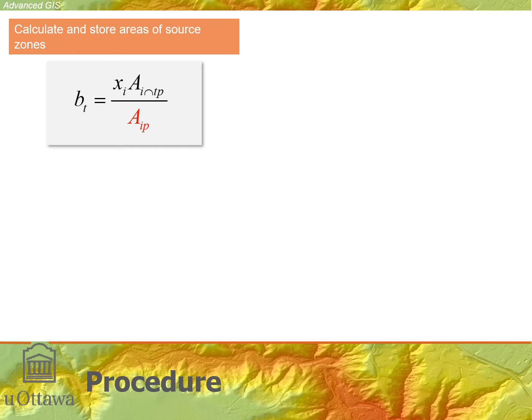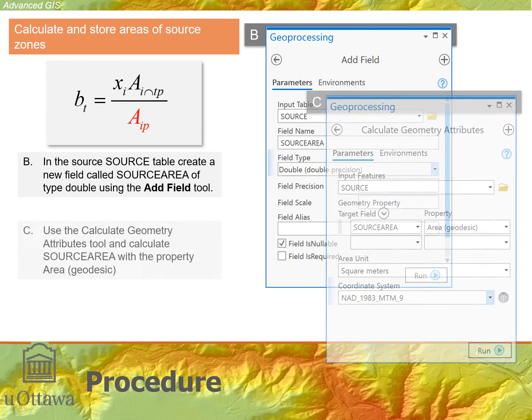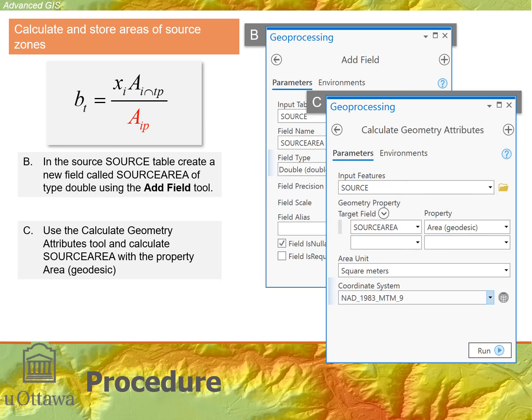So now we calculate the original source areas. So in our new table, our new feature class, we add a source area field as type double. Then we calculate geometry in there. So in the source table, we say source area field, and I chose area geodesic, just to show you how that affects the numbers when we do our validation at the end.